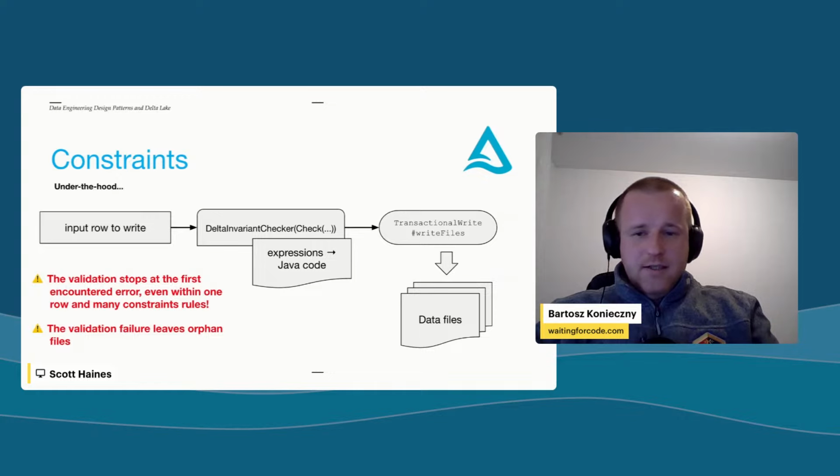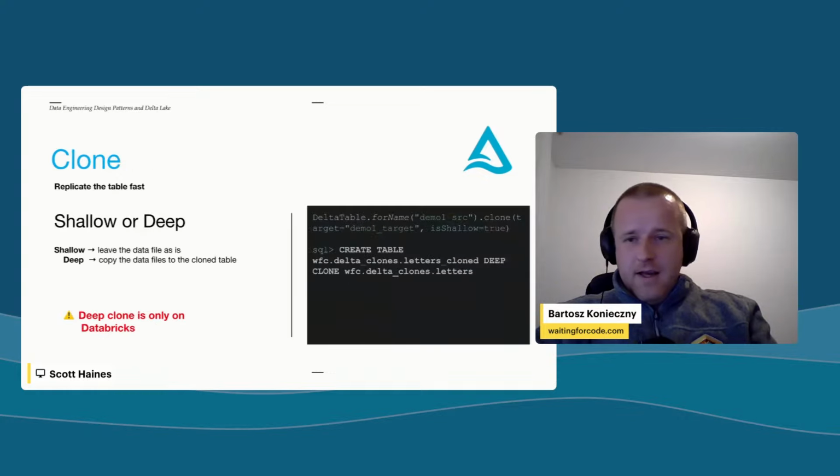And the second drawback is that the validation failure can leave orphan files that you are going to reclaim with the vacuum operation. So that's yet another reason it's important to run this vacuum or to use the predictive optimization if you use Databricks.